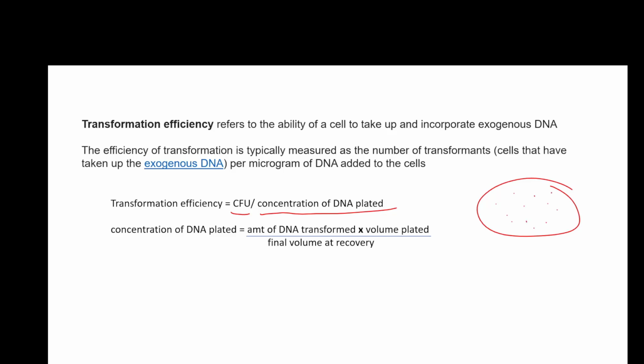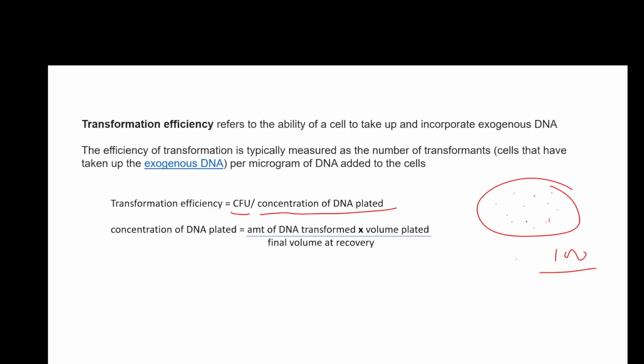If I am getting 100 colonies, 100 will be my CFU. Bacteria we cannot see with our eyes, so whatever colonies we are seeing, one bacterium is dividing so much and making a colony which is now visible to our eyes. That is a colony forming unit.